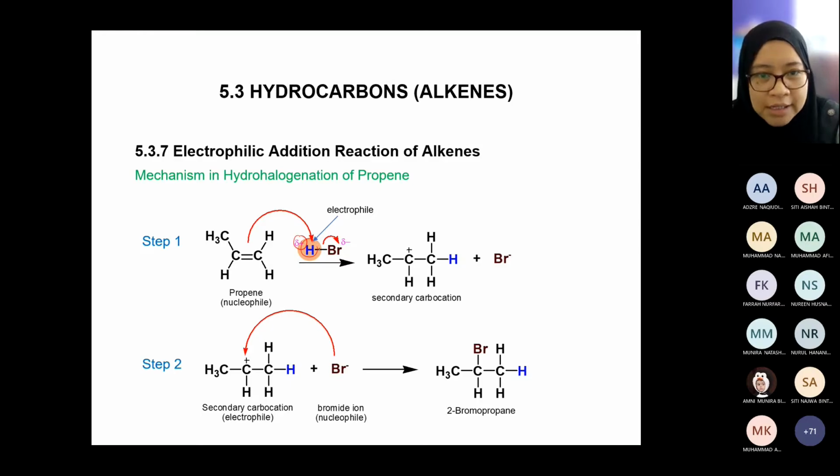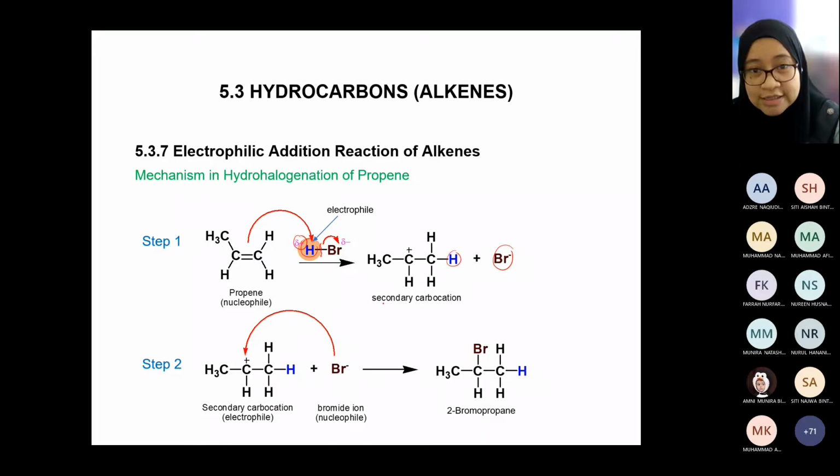So what actually happened is that this bond will be broken down, and the 2 shared electrons will be given to Br. So Br now has extra electrons, so that's why it becomes Br minus there. H will be added first.